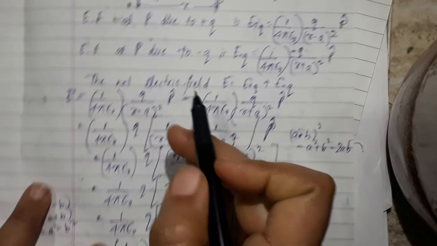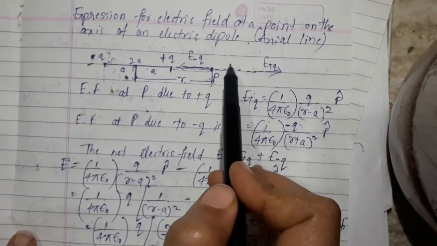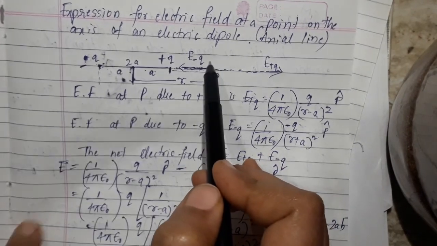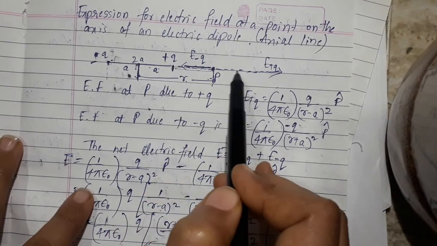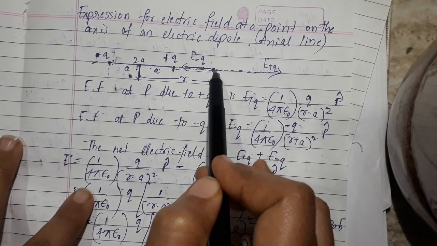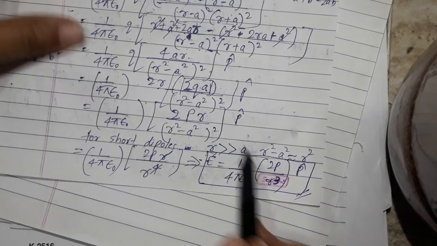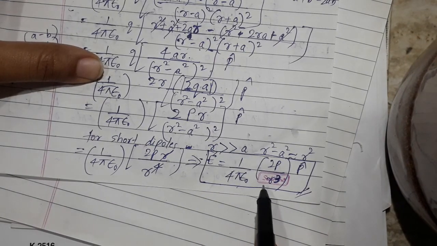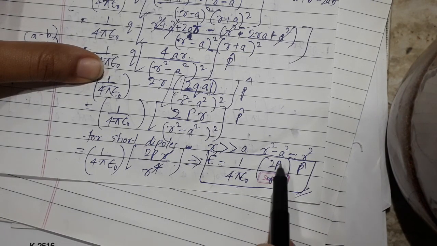And the electric field at a point on the axial line of an electric dipole is 1 by 4 pi epsilon naught 2 P by R cube into p cap.